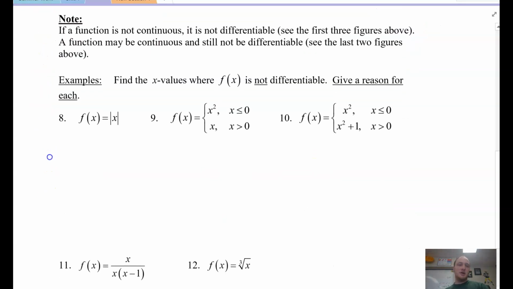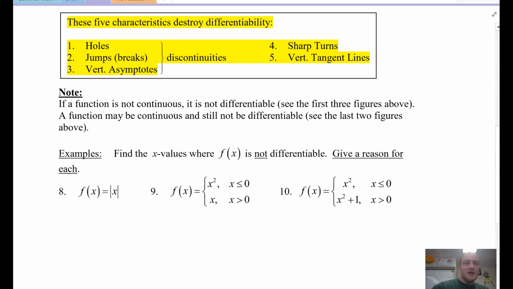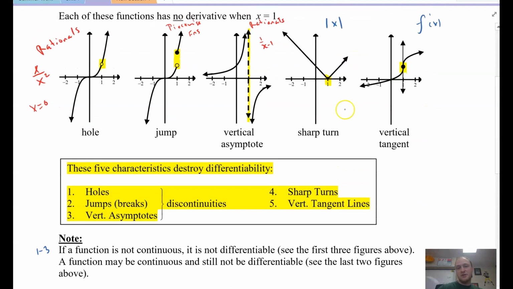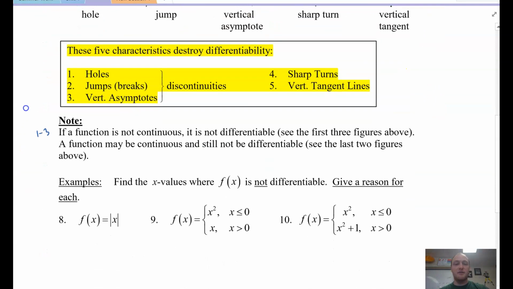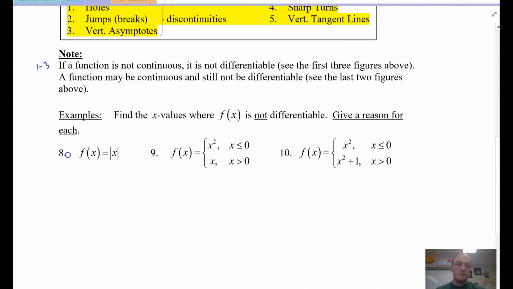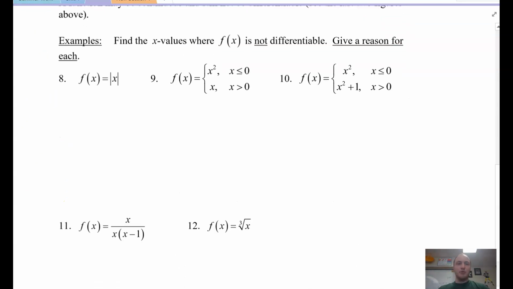It says, note here, if a function is not continuous, it is not differentiable. So this is 1 through 3 here. That's what that first sentence says. A function may be continuous and still not be differentiable. So that's the last 2. These are continuous, but we do not have differentiability at x equals 1. Let's look at these examples.